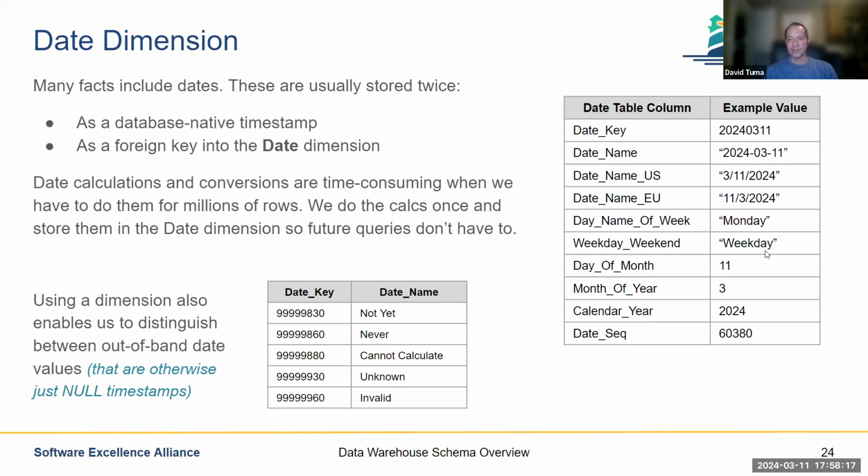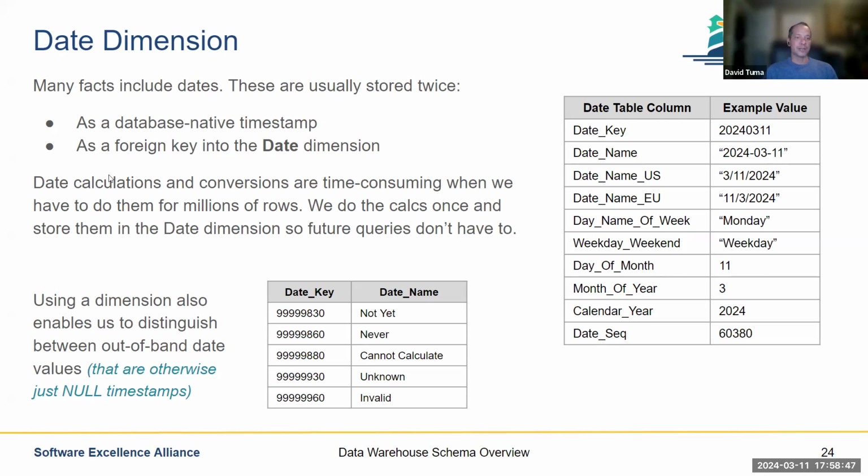This is the day of the week, whether it's a weekday or a weekend, the month, day, month, year, etc. So when I showed the time log, it had a timestamp for the time that the time log entry started. I will also include a pointer into this date dimension, with basically an 8-digit key.